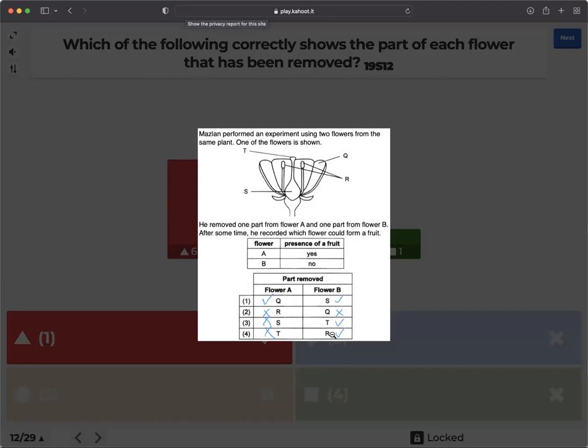When you remove one of the other 3, it will also not fertilize unless the pollen grain comes from another flower and comes here. Is that clear? So for this question, the 2 of you that got it wrong, do you understand now? Okay, let's continue.